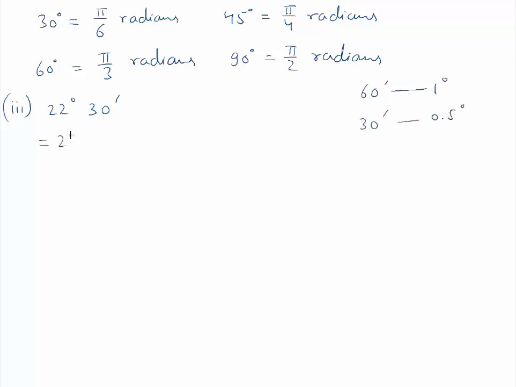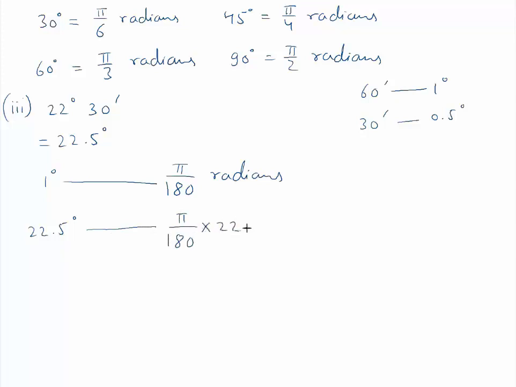So this can be written as 22.5 degrees. Now we can apply the unitary method. 1 degree equals pi by 180 radians. Therefore 22.5 degree equals pi by 180 multiplied by 22.5, which equals pi by 8 radians.